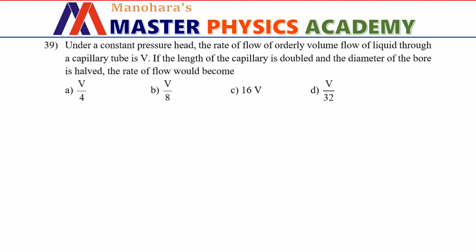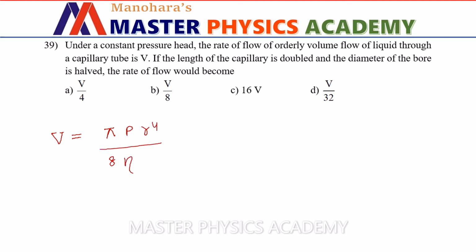Here, from Poiseuille's formula, we know that the volume rate of flow of liquid through a narrow tube is given by pi P r power 4 divided by 8 eta L, where pi is a constant whose value is 3.142, P is pressure head, that is the pressure difference between the ends of the tube, r is the radius of the cross section of the tube, 8 is again a constant, eta is the coefficient of viscosity of the liquid which is flowing through the tube, and L is the length of the tube.